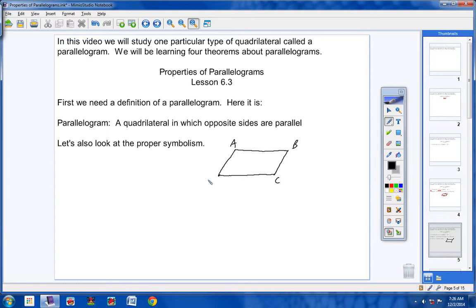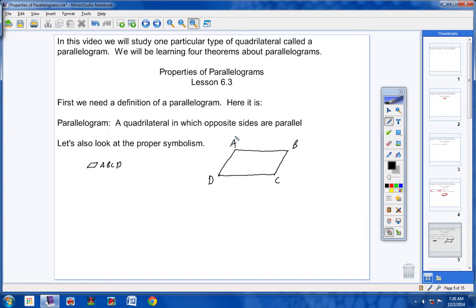Okay, now here's the symbolism you can use for this. You put a little parallelogram like this. Take notice on this, guys. You put a little parallelogram, and you could call it parallelogram ABCD. Or you could call it parallelogram BCDA, or CDAB, or DABC.